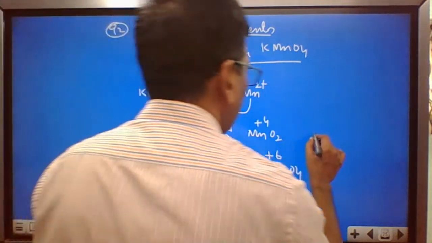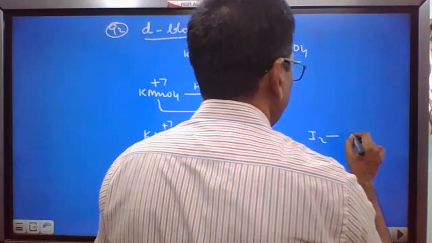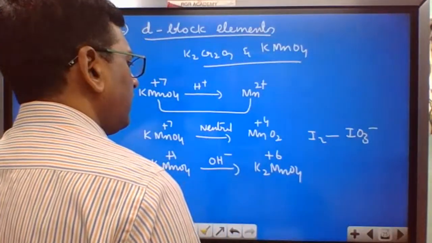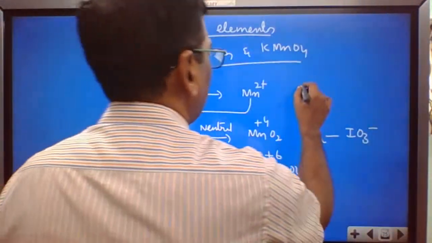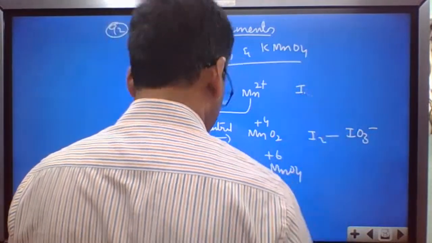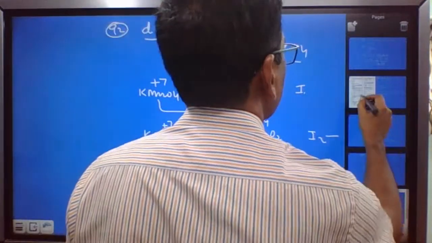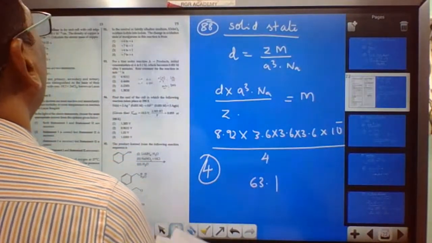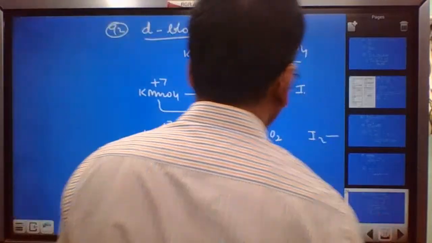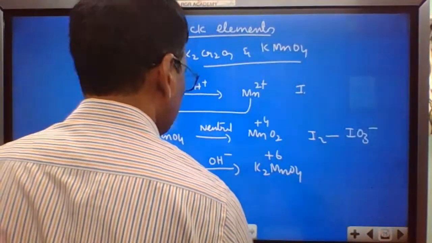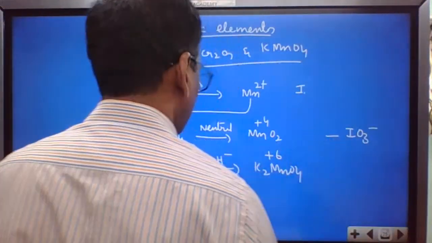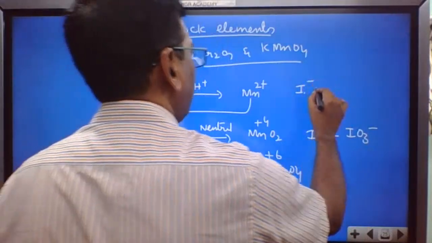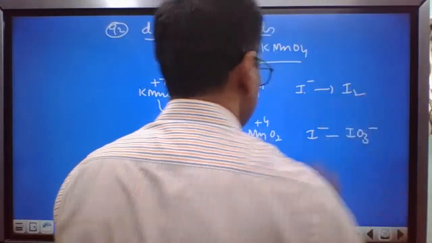See, iodide is converted into iodate in fairly alkaline or neutral medium, whereas here iodide is converted into I2.